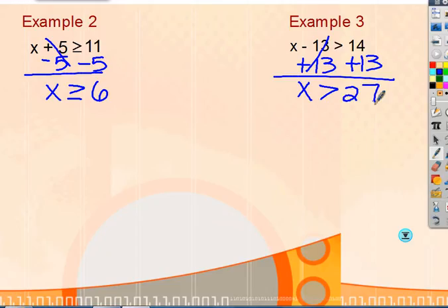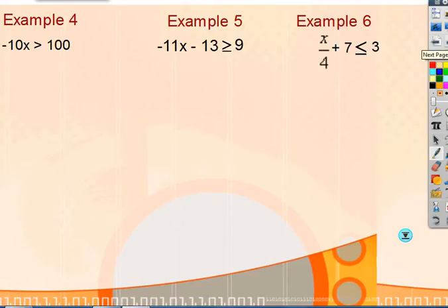You come up with x is greater than 27. Example number 4. -10x is greater than 100. Notice I divided by a -10, therefore I will have to flip the inequality symbol.